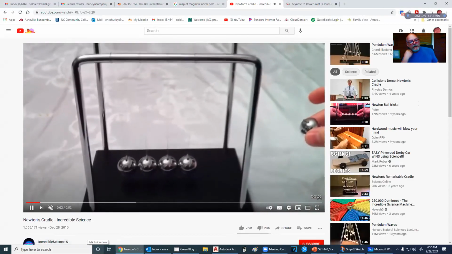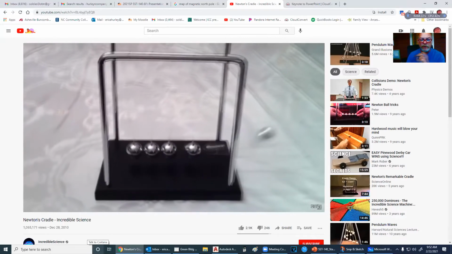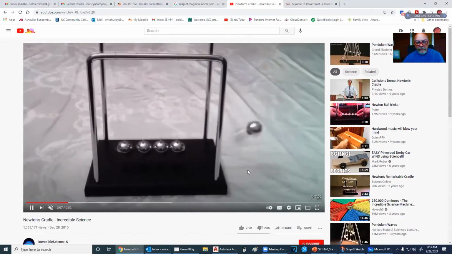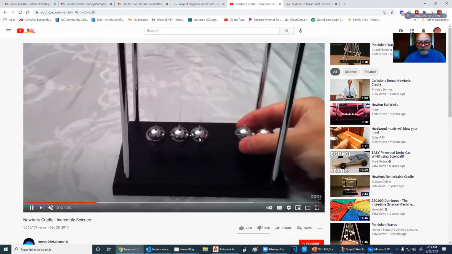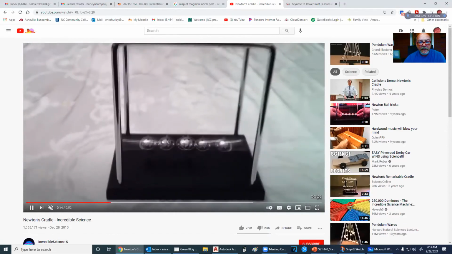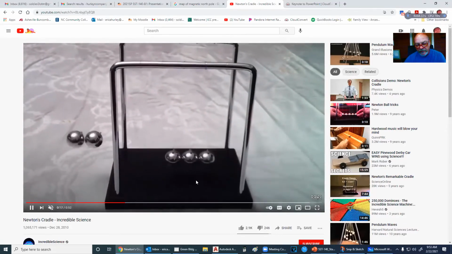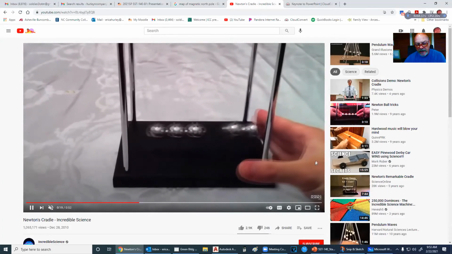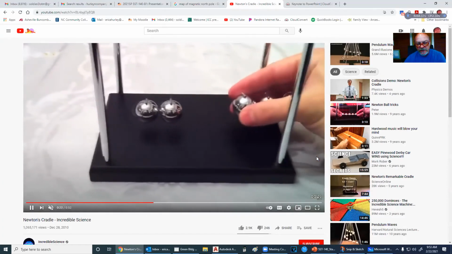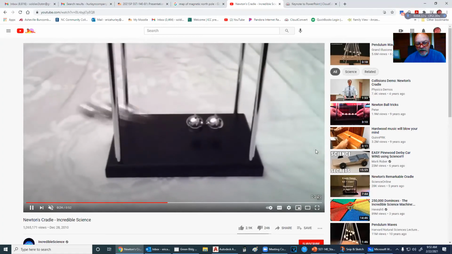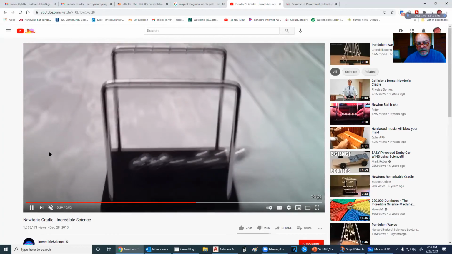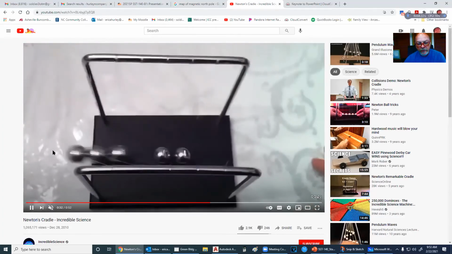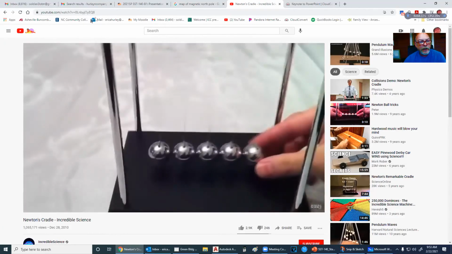So when we have a Newton's cradle here, what's going on there is we're moving an electron, and that electron hits another electron, which hits another electron, which hits another electron. And so when you're thinking about electricity, we energize an electron, that electron never sees the source. It just hits another electron along the way, and they kind of play this ping pong effect back and forth in alternating current.